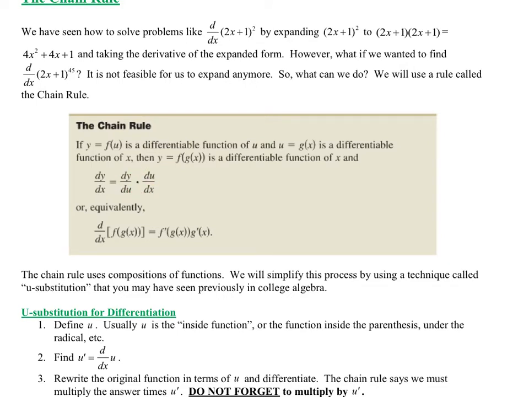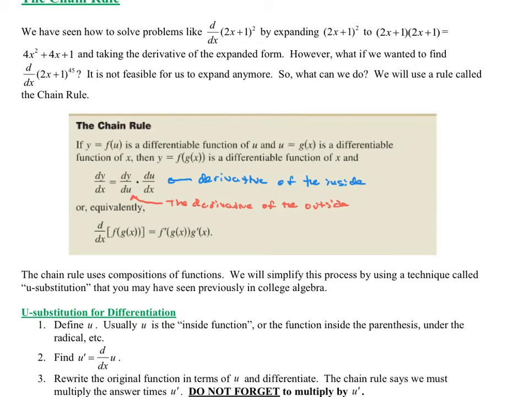This dy/du right here is the derivative of the outside. And this du/dx is going to be the derivative of the inside. You're going to see what I mean momentarily.